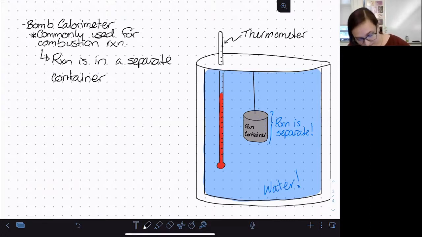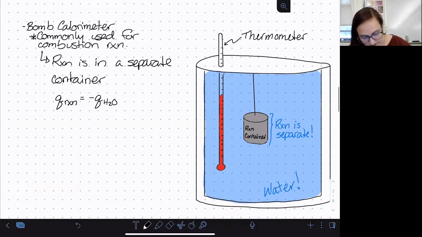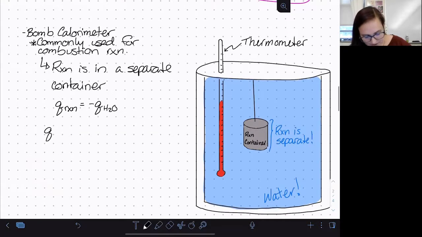So same sort of ideas apply, that the heat transferred by the reaction is equal and opposite of the heat transferred by the water, but the water is really the key distinction. So the heat of our reaction is equal to negative the mass of just the water times the specific heat of water times the temperature change of the water.